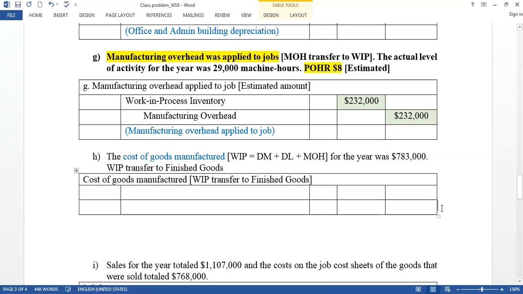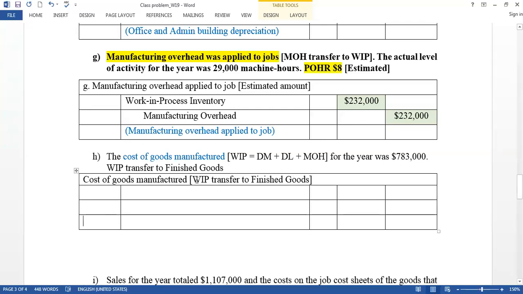Now, if this is the case, what is the journal entry? When we transfer WIP to finished goods, finished goods will increase and WIP will decrease, right? So the journal is finished goods inventory debit, because finished goods is our asset, right?